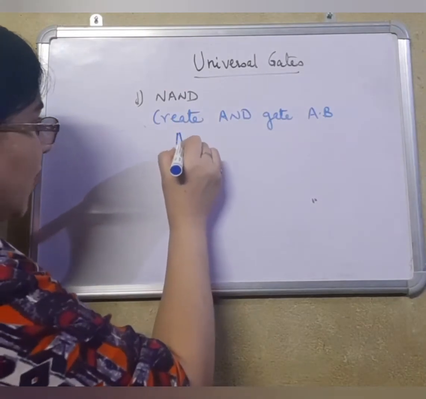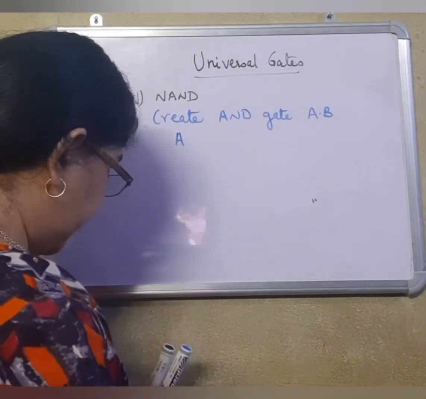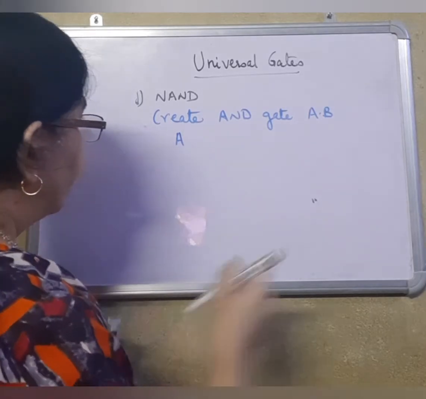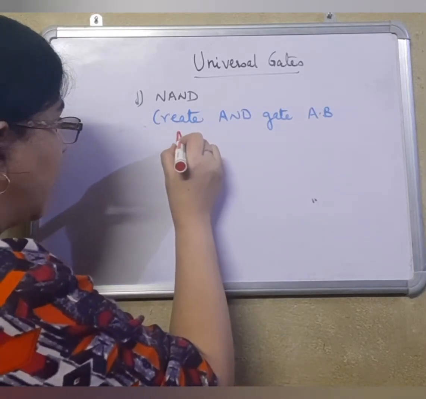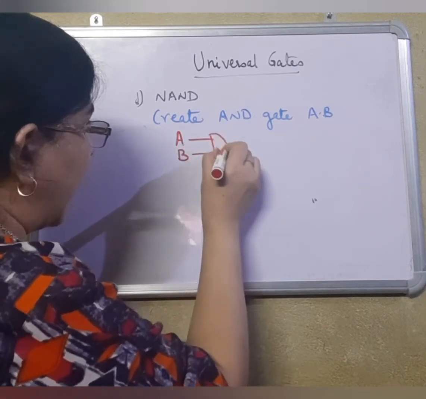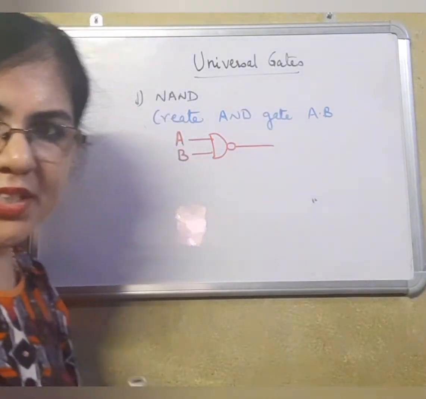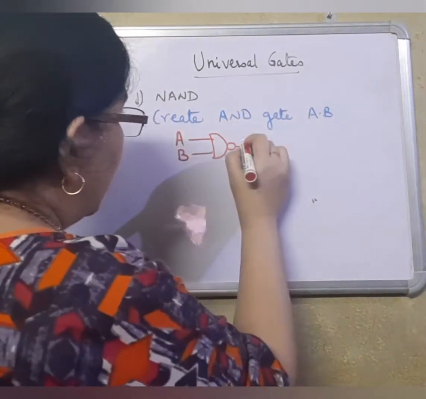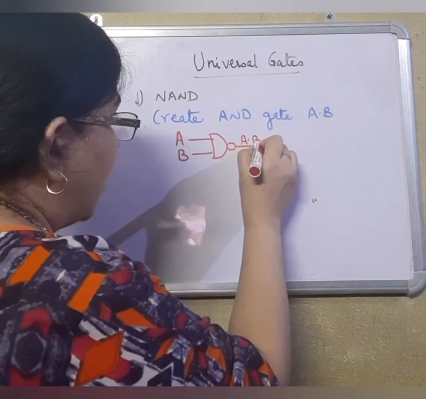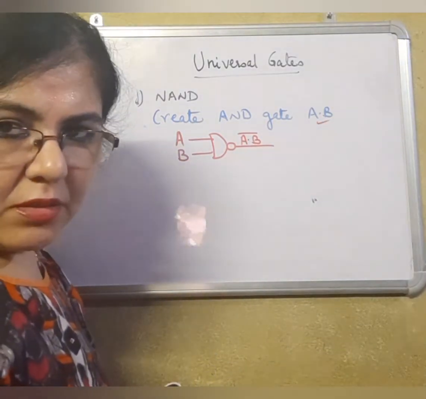So we are passing here A and B through a NAND gate. We cannot use any other gate. We are not going to use those basic gates. We got here A dot B bar, but our output requires A dot B, not A dot B bar.